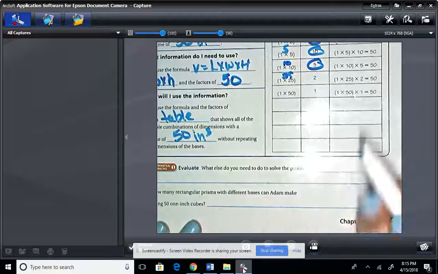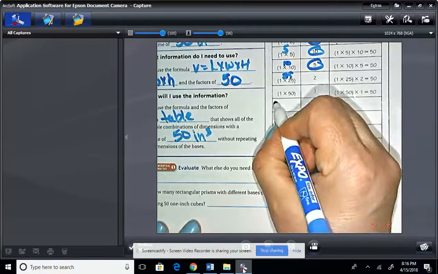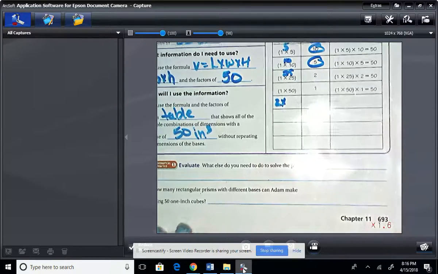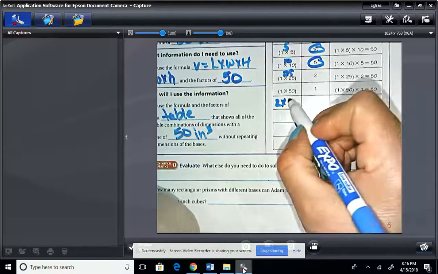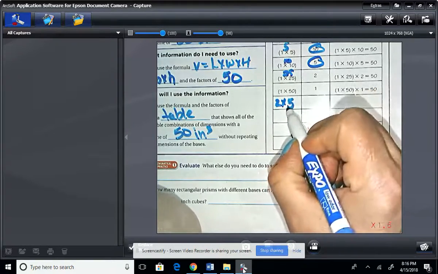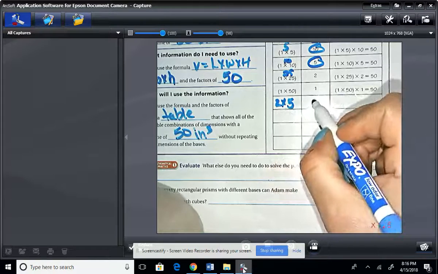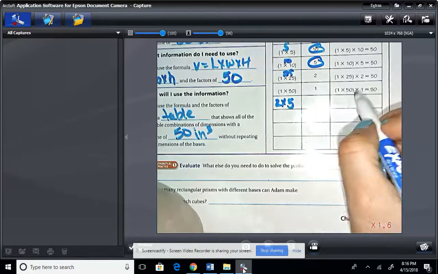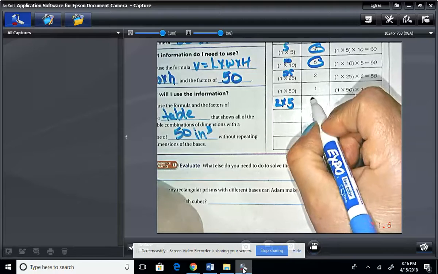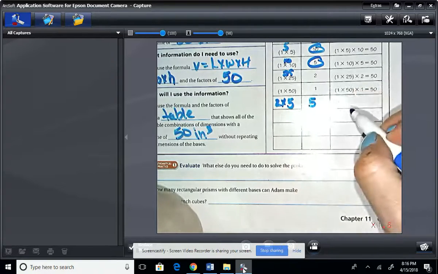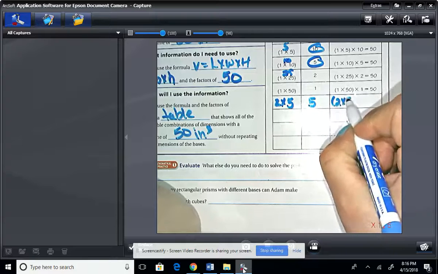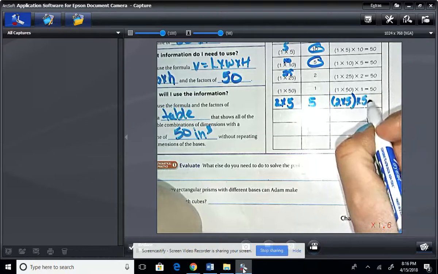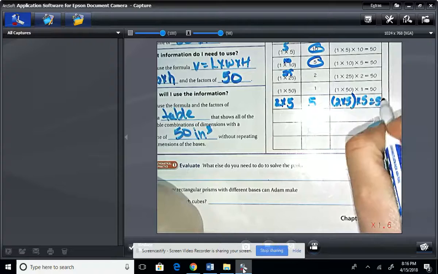All right, so let's start with 2. 2 times what? Well, we know 50 has a 0, so 2 times 5 is 10. So 10 times what to get me to 50? Well, 10 times 5. So over here it would be 2 times 5 times 5 equals 50.